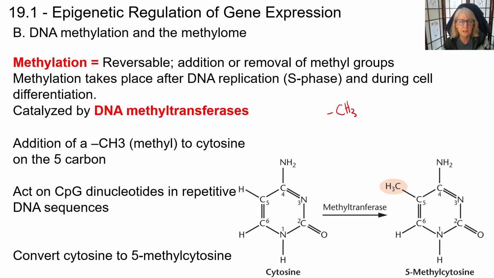When you do that, it changes the access of that area of the DNA code to things like RNA polymerase to make a transcript, or it causes the DNA to bind up so tight that it's never accessible to RNA polymerase. This is reversible. In some cases those methyls can be removed, and that makes the molecule more accessible to the RNA polymerase. Methylation takes place after DNA replication.